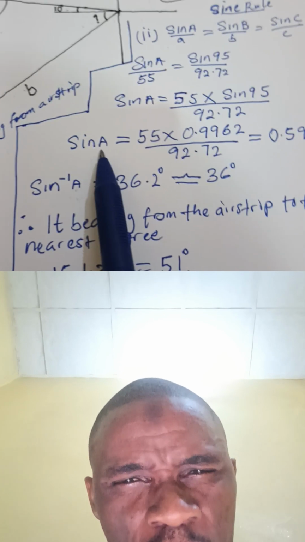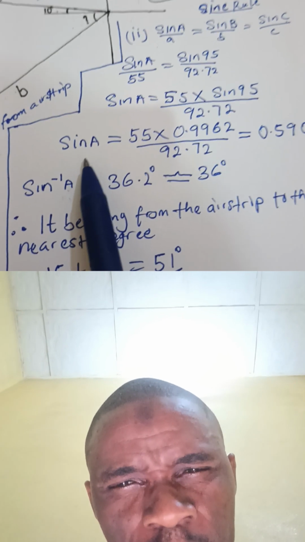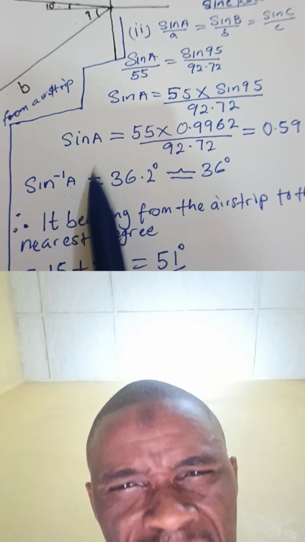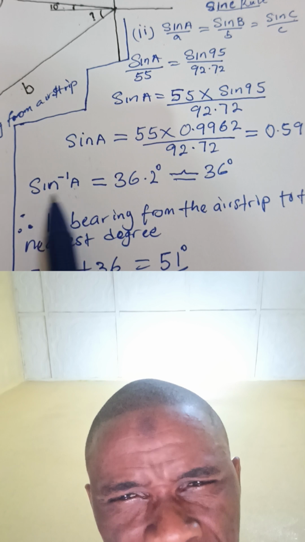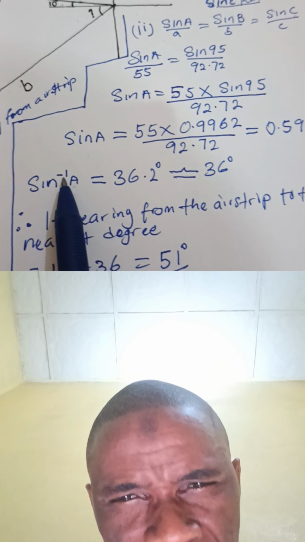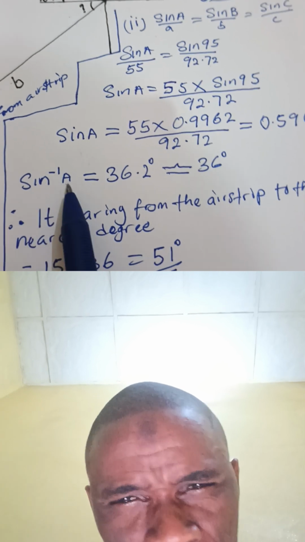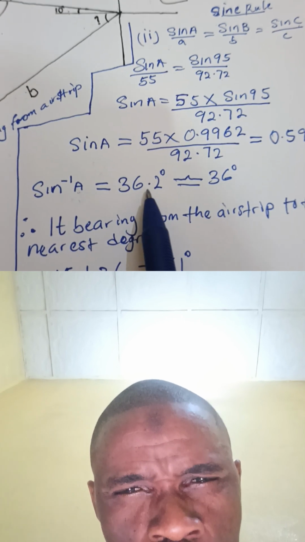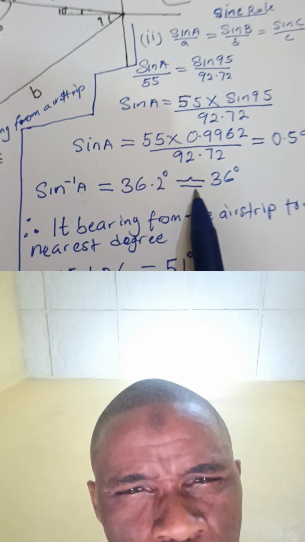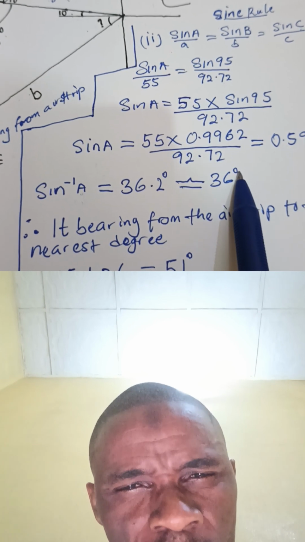But you can use your scientific calculator. Just press shift and press the sine again. It's going to give you A. So this particular statement means A alone, because that's why I put the negative one, the inverse sine. So our A now is 36.2 degrees, approximately 36 degrees.